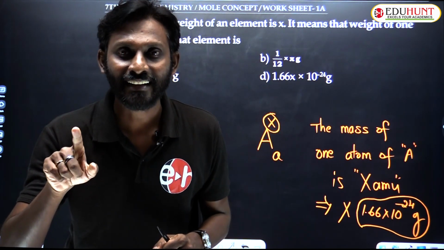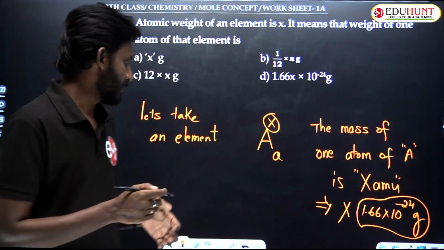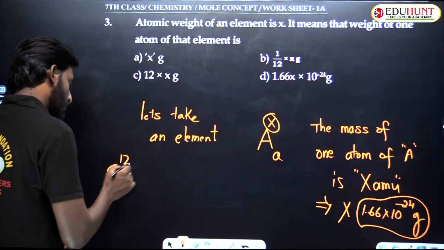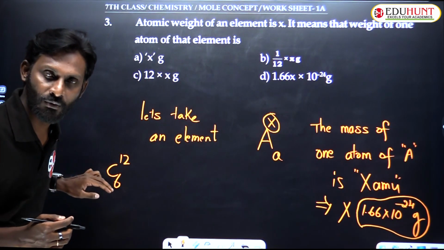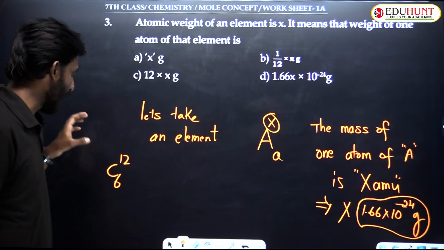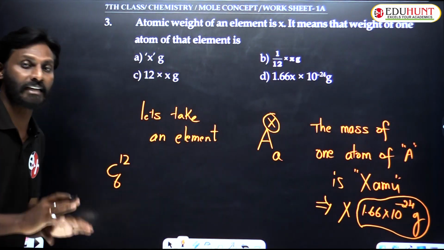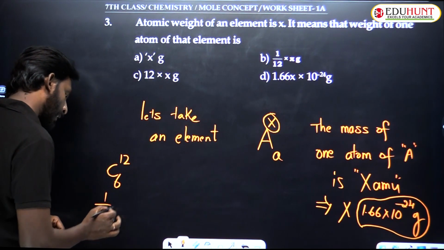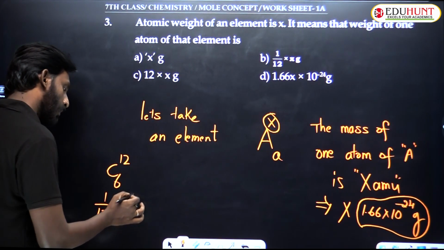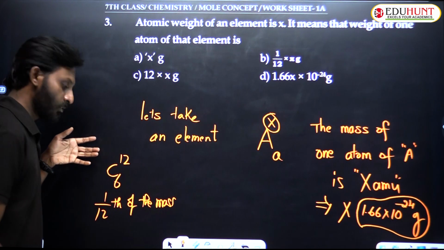We have taken the C12 isotope, carbon with atomic number 6 and mass number 12, as a reference, a standard, and we have taken 1/12th of the mass of this one atom.